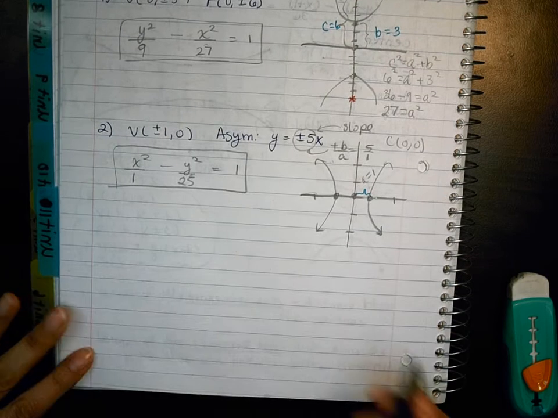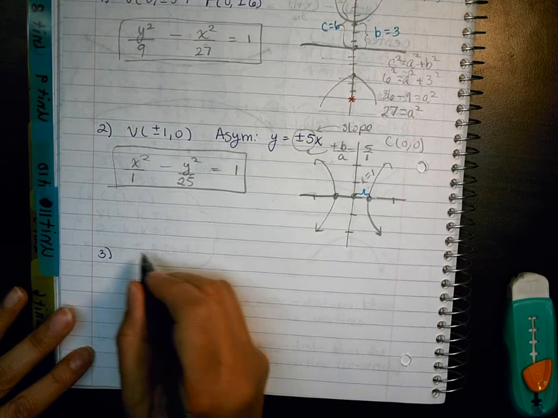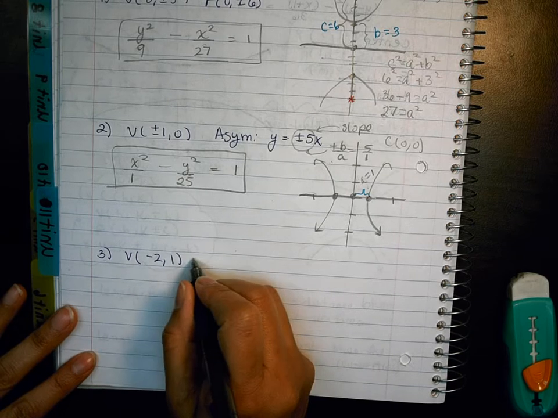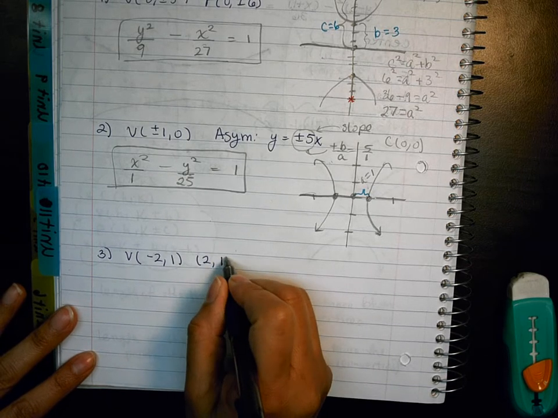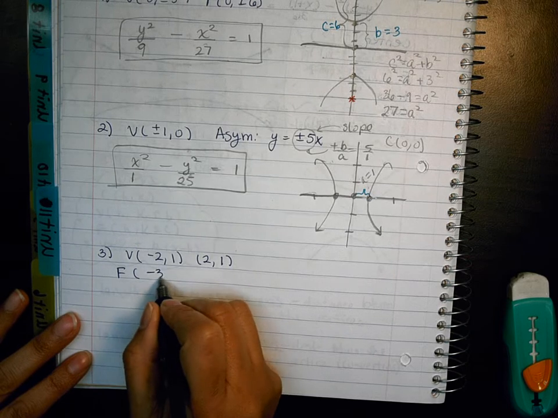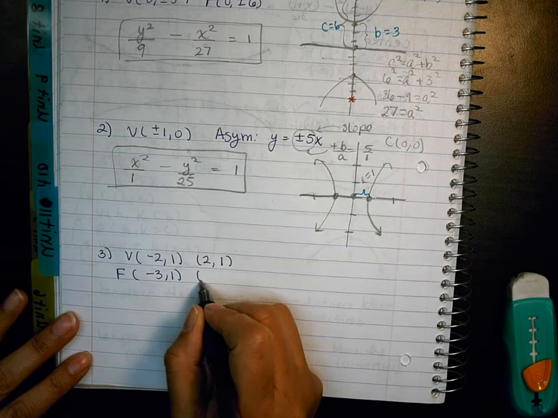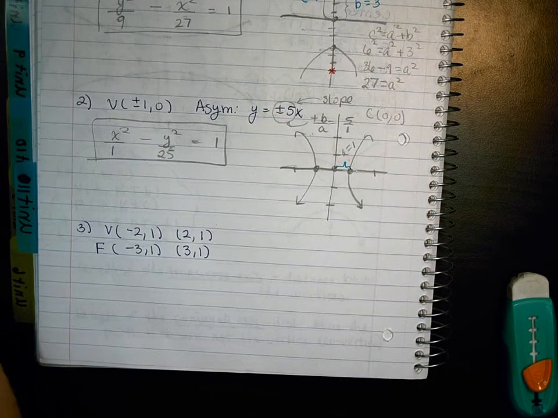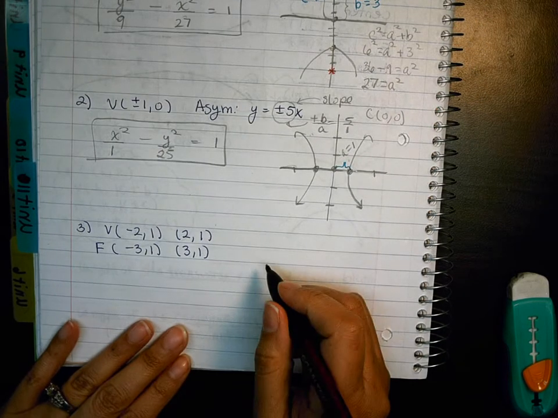All right. Number 3. Vertices are negative 2, 1 and positive 2, 1. And your foci are negative 3, 1 and 3, 1. All right, go ahead and graph that information.